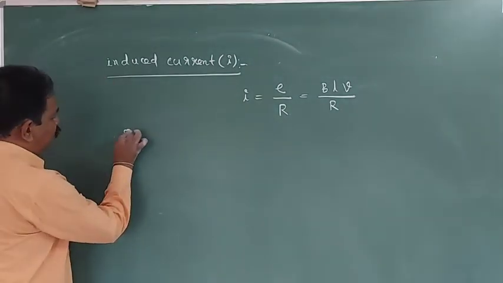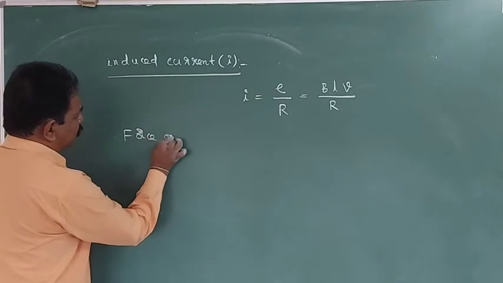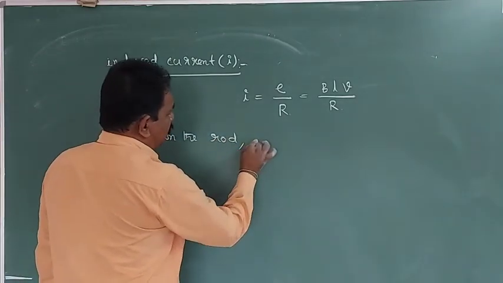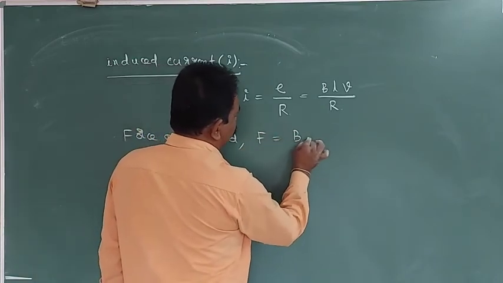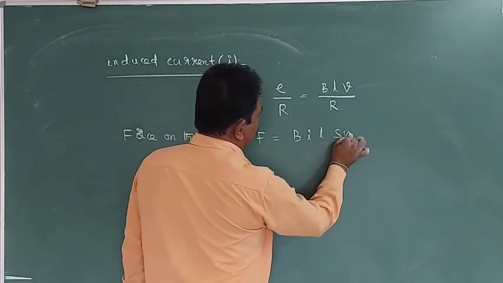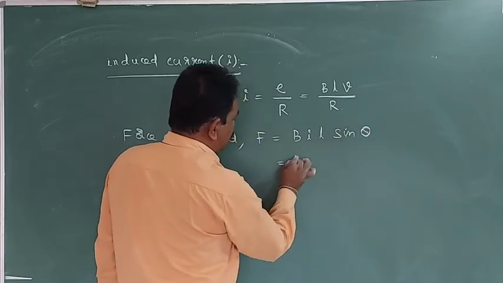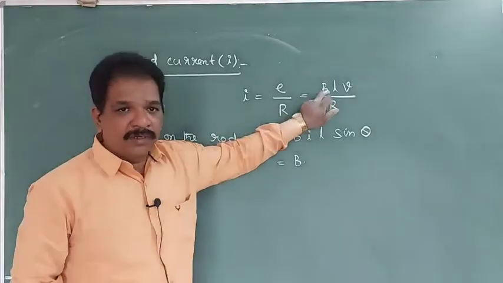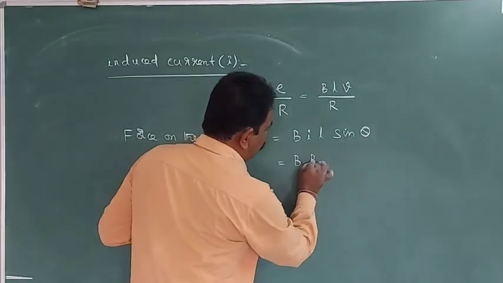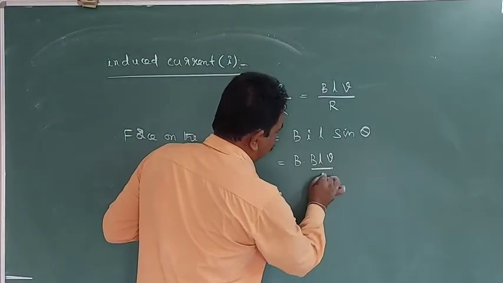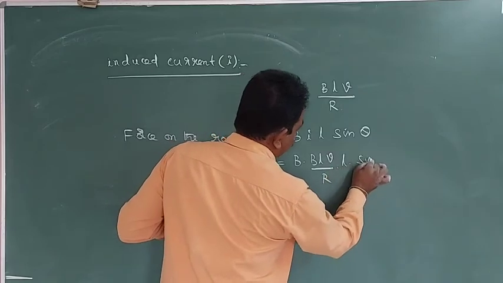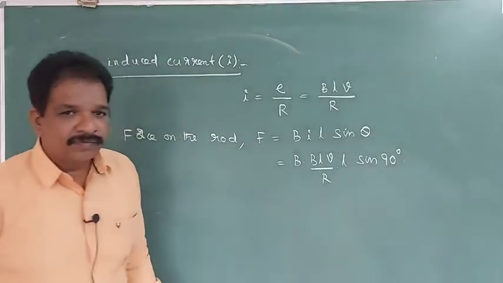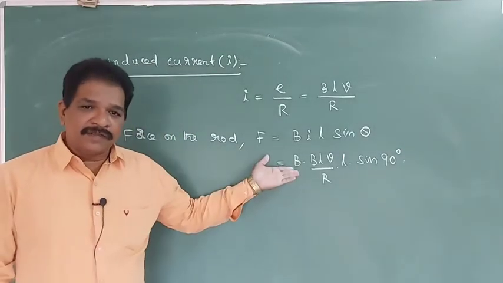Next, force on the rod. F is equal to BIL sin theta. Here I value will be BLV by R, into L. Here theta is 90 degrees.